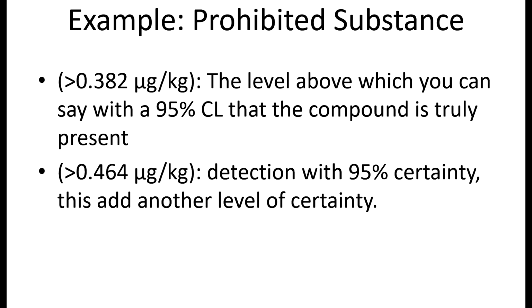So this is the decision limit, CCalpha; you decide that the compound is present in the sample. But higher than 0.464, you have 95% confident detection with 95% certainty. This adds another level of certainty, and this becomes your maximum residue limit or minimum required performance limit for your instrument and for this target analyte.